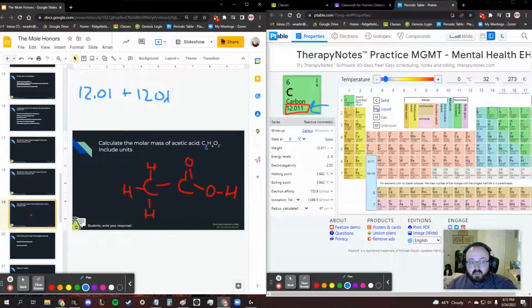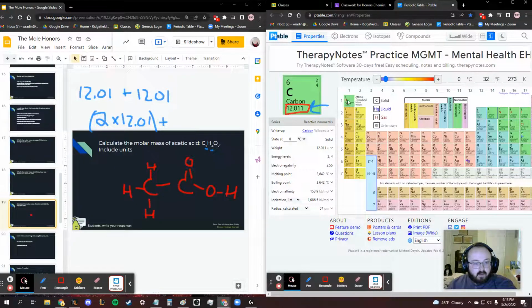The other way to write this, for when it gets a little more complicated, is that adding the same number twice is the same thing as saying 2 times 12.01. Put that in parentheses. We go on to the next element, which is hydrogen. Here's hydrogen.